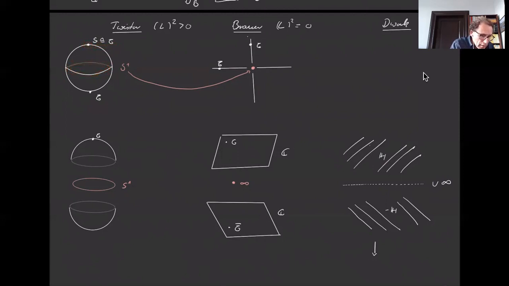The Brouwer picture consists of two lines, so just two copies of C. So there's a C here and a C here. They're distinguished by, it's almost not visible, the fact that one contains sigma and the other one contains sigma bar. And then there's a corresponding picture for the Dwork family.